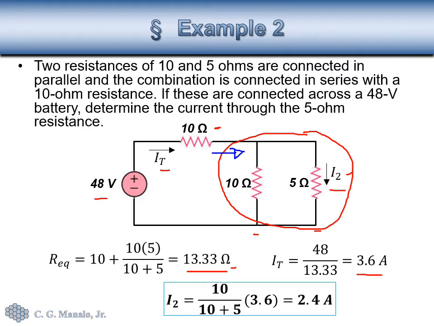And in that case, we can apply the current divider technique, which states that I sub 2 will be equal to 10 divided by 10 plus 5, where this 10 here is that 10 there, and the ratio is multiplied to whatever current flows to the parallel combination, which is what we got earlier, which is 3.6, and that will yield a value of 2.4 amperes.